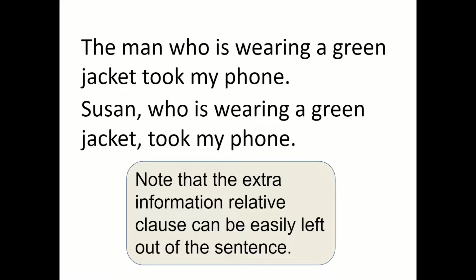So I could say, Susan took my phone, and it would make perfect sense. Whereas if I said, the man took my phone, it wouldn't make sense unless you knew who the man was. The extra information relative clauses, by the way, would be called non-defining, or non-identifying, or non-restrictive.